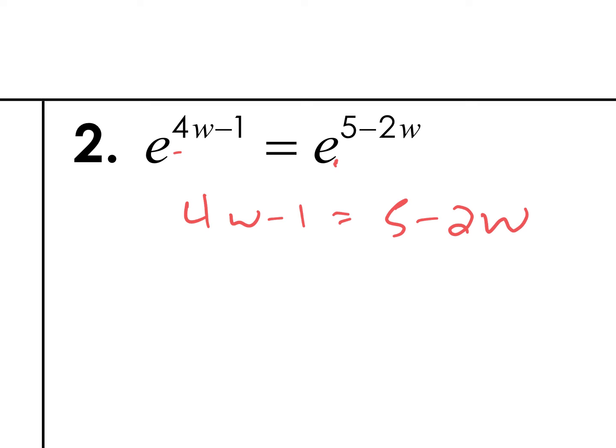So I set their exponents equal to each other and I solve this. I'm going to move the negative 2w over by adding 2w. That gives me 6w. I'm going to take the minus 1 and add 1 to both sides, equals 6. w has to be 1.